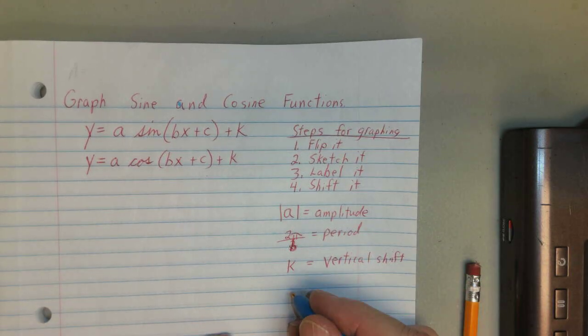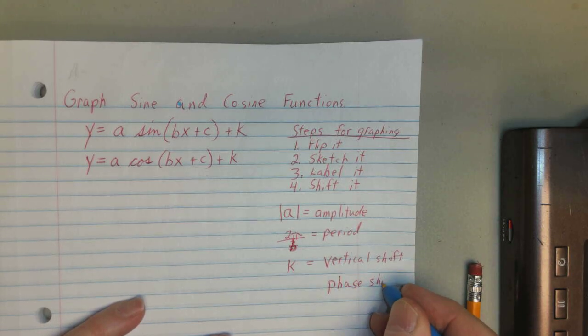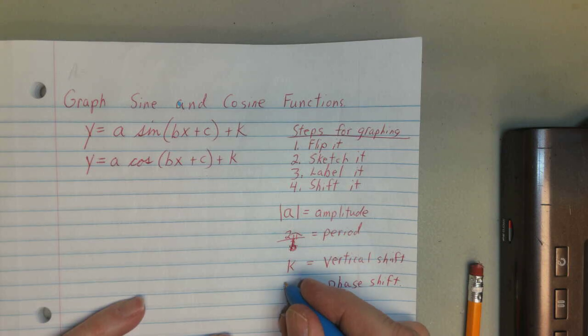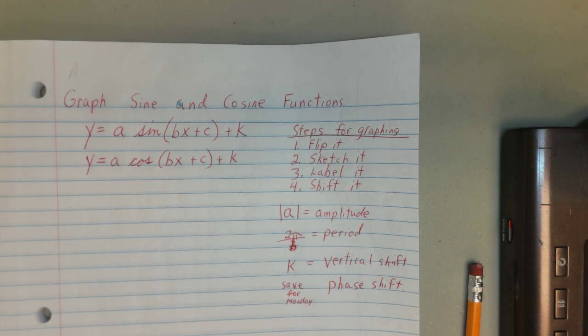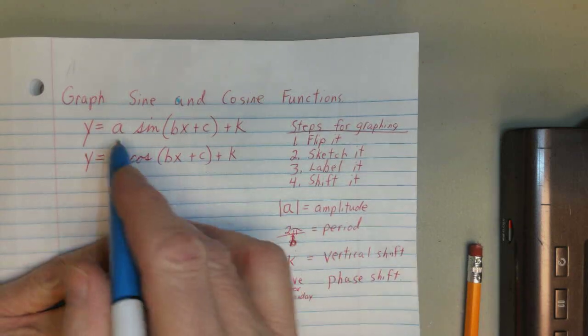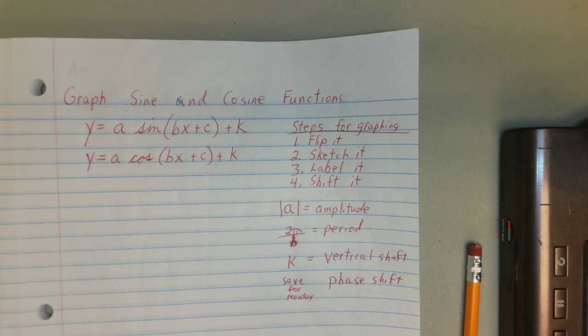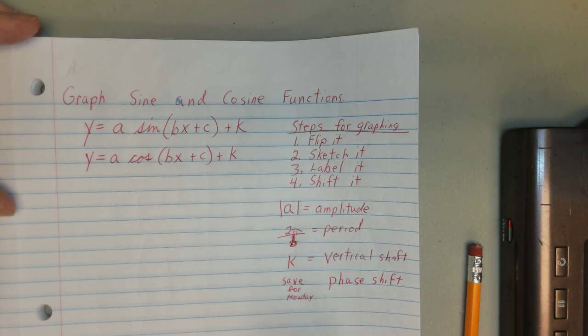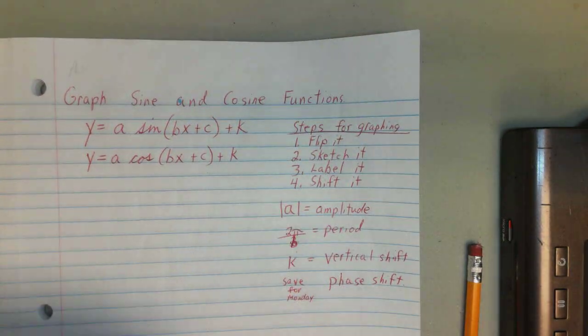And then we have a thing called the phase shift, and we will save that for Monday when we get back together. These are the coefficients and constants in the formula that we're getting these from. So I've got the steps that we're going to use for graphing, and the meanings that will help us when it's time to label it. So let's just get into it.